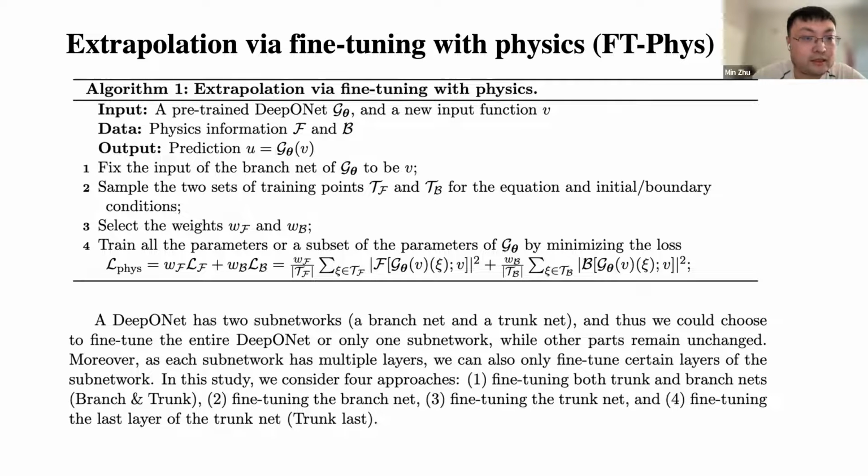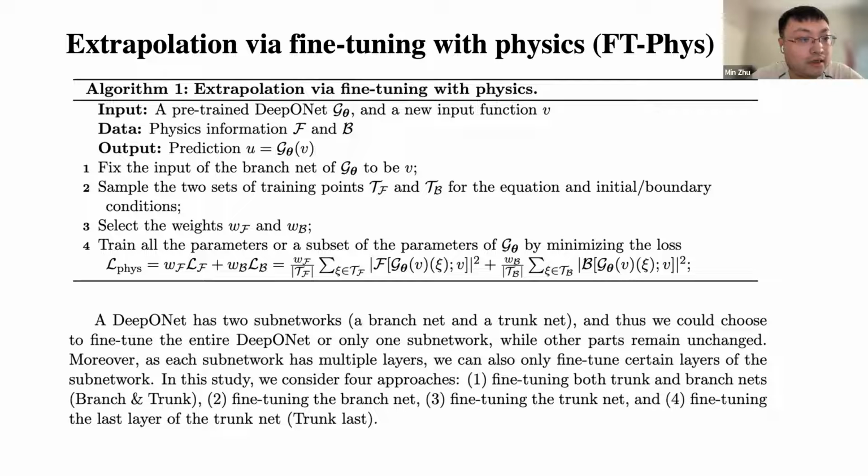DeepONet has two subnetworks, a branch net and a trunk net, and thus we could choose to fine-tune the entire DeepONet or just one network, while other parts of the network remain unchanged.